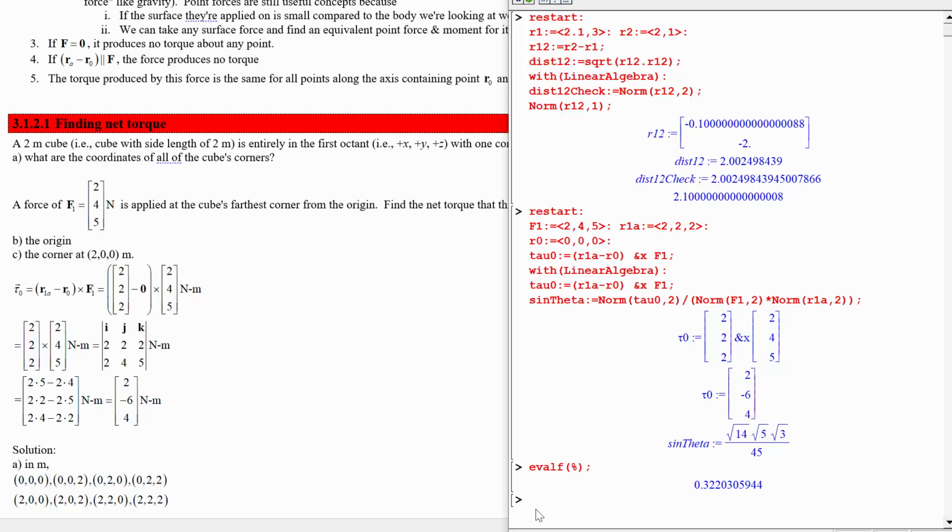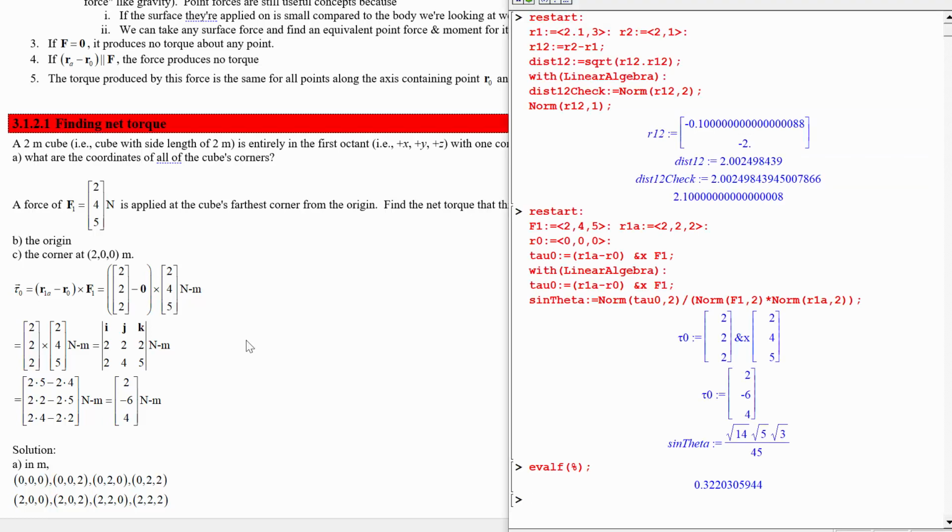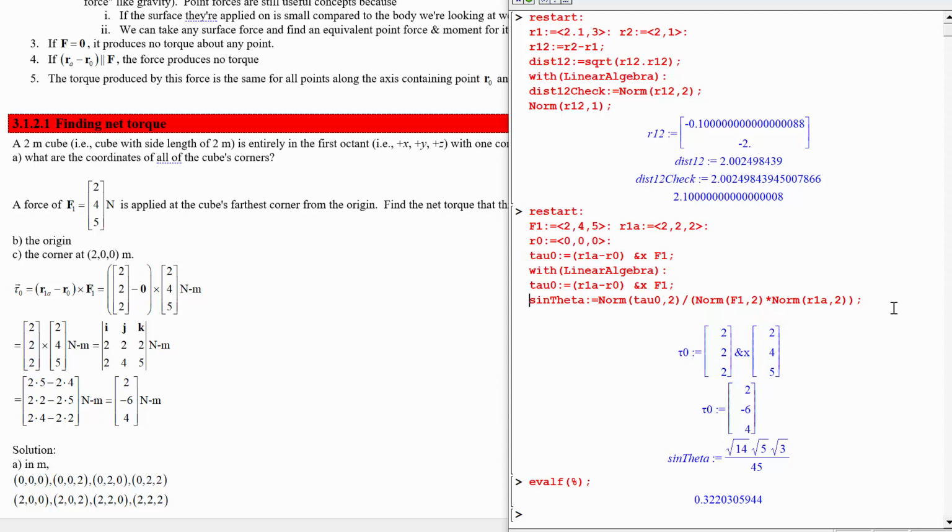Okay, so let's compute the next one. We can also figure out the torque that the same force produces about the corner 200. And if you've been just following along at this point, try and stop and work it out. All right, so what we'll do is the same thing we just did, except tau 200 is R1A minus R200.